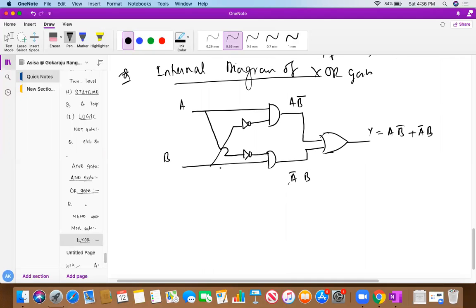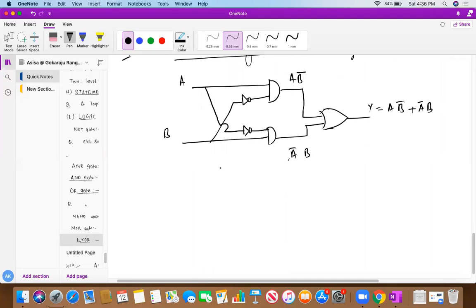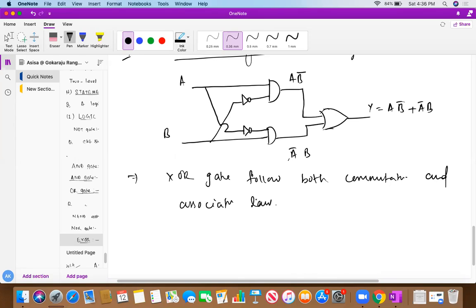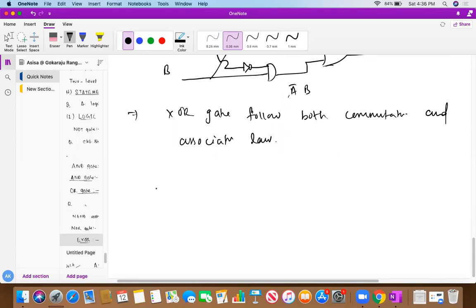The XOR gate also follows both the commutative and associative laws. Understand? Very simple. Please check here, I am going to tell you very important questions now.